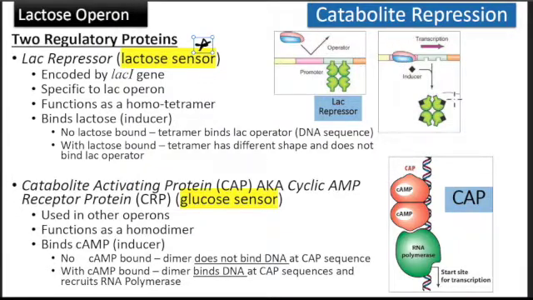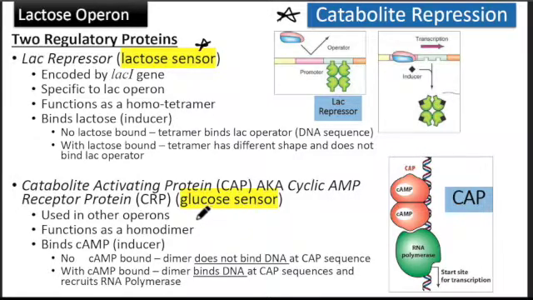That's not the end of the story, though, because this is also part of catabolite repression. So pathways that are involved in breaking down molecules have a general response. The catabolite activating protein, aka CAP, also called the cyclic AMP receptor protein, CRP, is a glucose sensor.